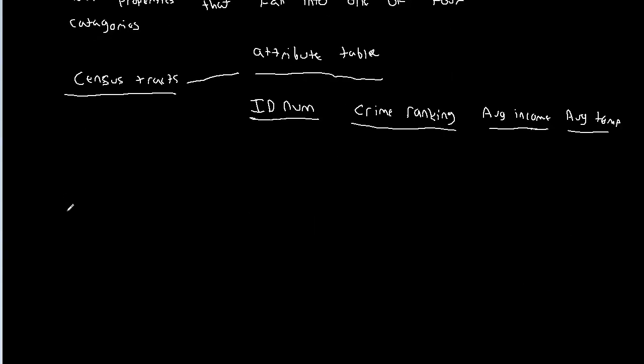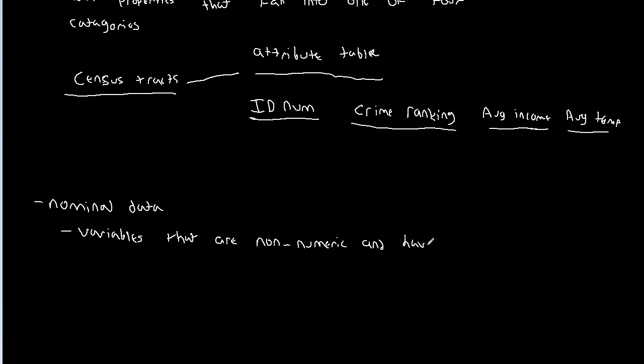So let's go ahead and talk about the first level of measurement, which is nominal. So for nominal data, what that means is that nominal data are variables that are non-numeric and have no order or ranking.